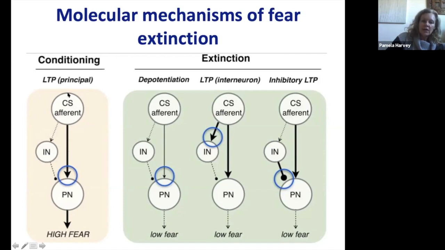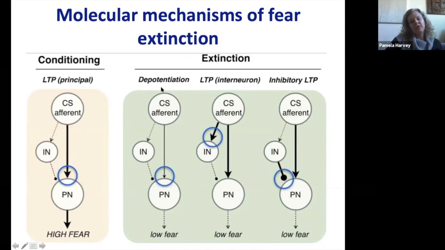This neuron, the sensory afferent that receives the conditioned stimulus, whether it's sound or light or pain, these afferents also connect to interneurons, which is indicated as an N. And that can influence this connection here that's circled in blue. There are three, that's conditioning.